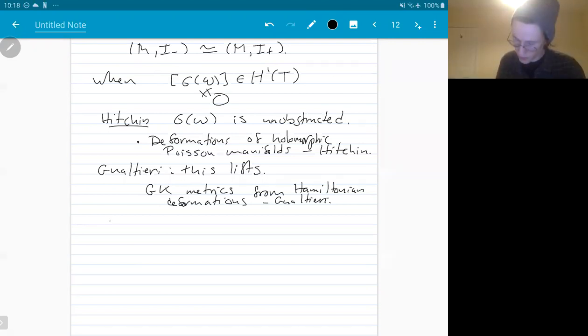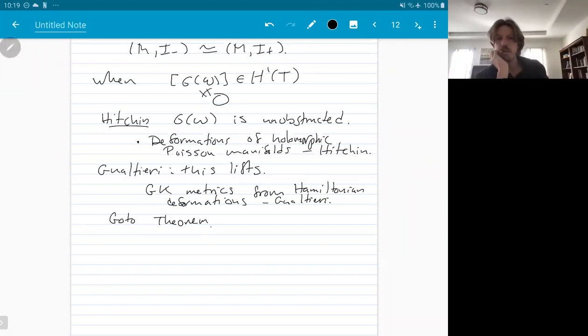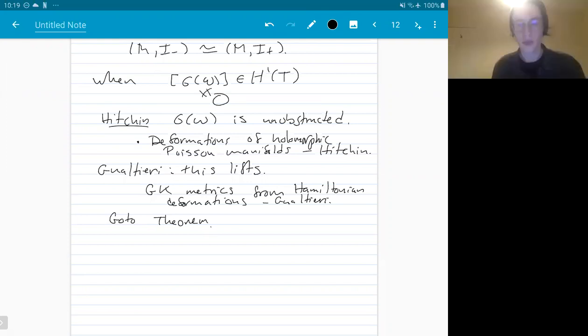But there is also a theorem of Goto, which is about unobstructedness of deformations of generalized Kähler structures. And the statement of Hitchin is that if you have a Poisson tensor on a Kähler manifold, that deformation is always unobstructed. I think so. I don't remember the details. I didn't prepare this part.